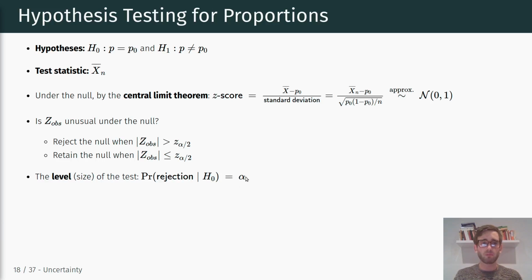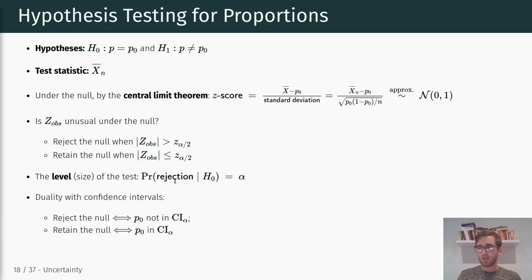Okay. Of course, the level of this test is essentially our alpha. That's the probability of rejecting the null hypothesis under the assumption that the null hypothesis was true. Okay, so that's, in other words, the probability of making a false positive. The null hypothesis is true, but we're rejecting the null hypothesis falsely.